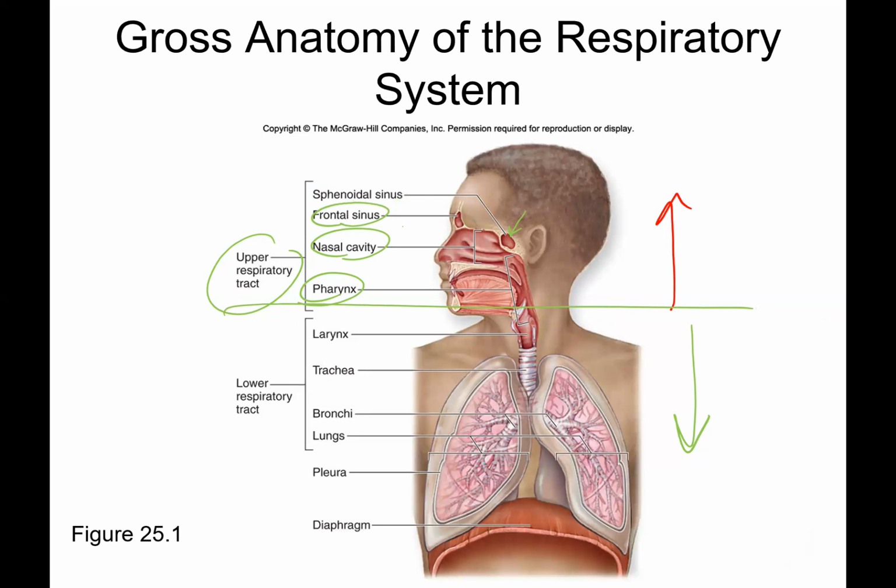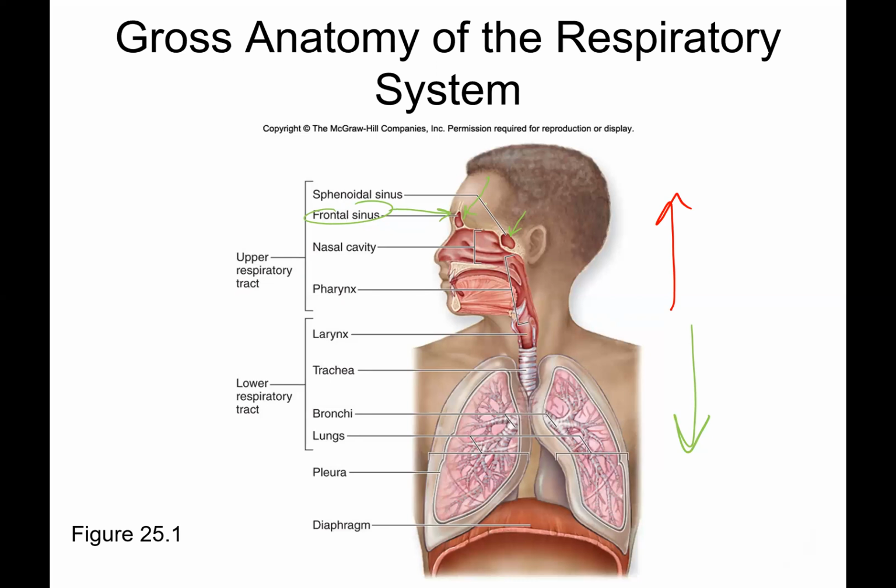Okay, we also have the frontal sinus. Okay, the frontal sinus located in the frontal bone. Now these are cavities, as you can see there. Okay, so it's a cavity in the bony space, and it is lined with a membrane. And if these get inflamed, you get the so-called sinus infection.